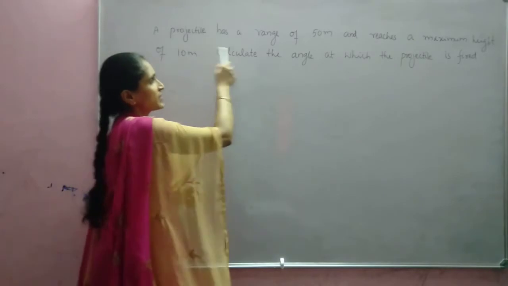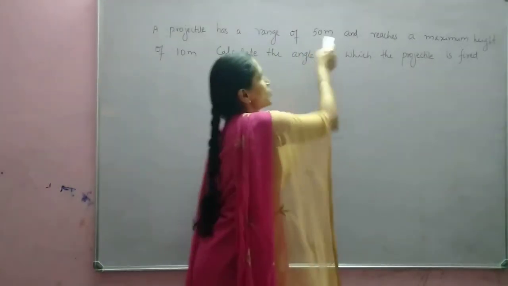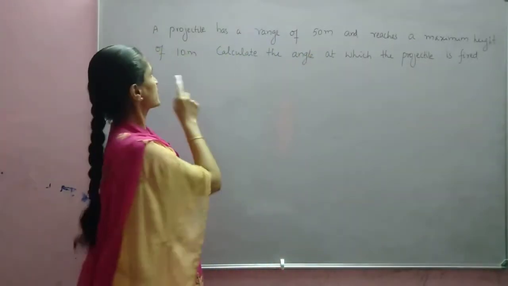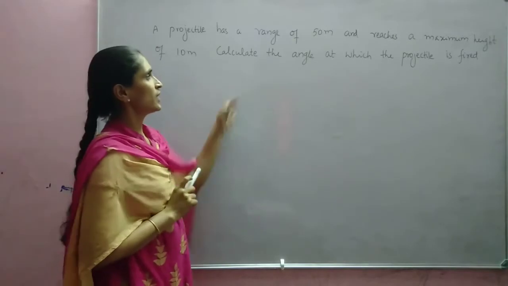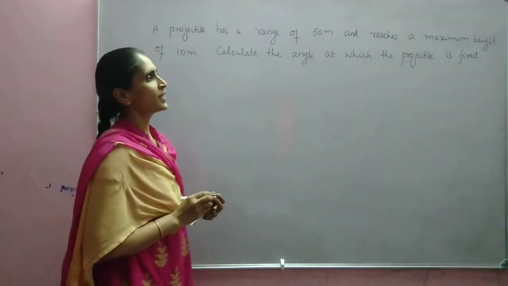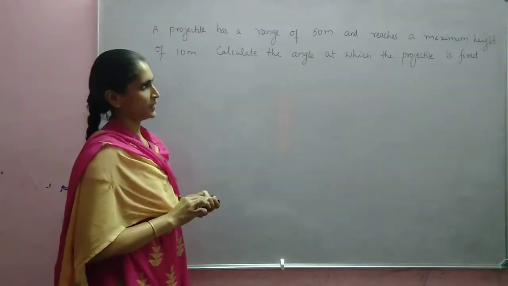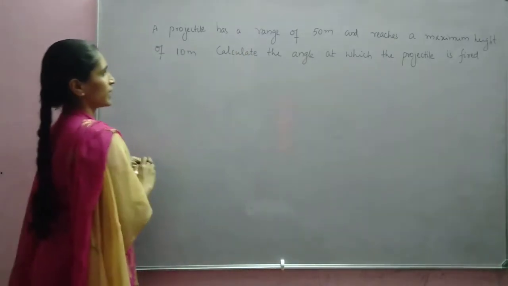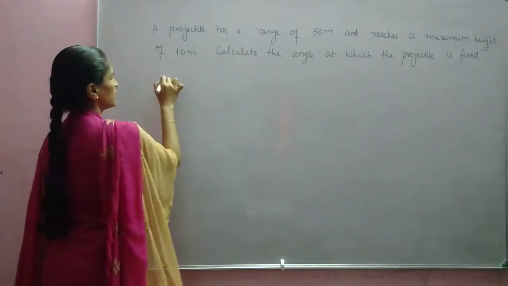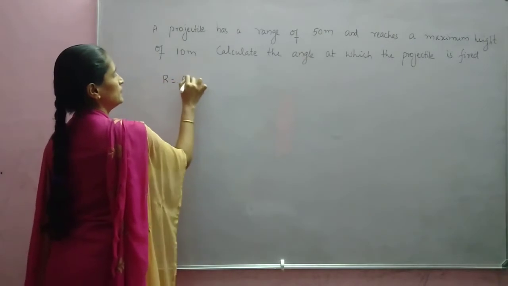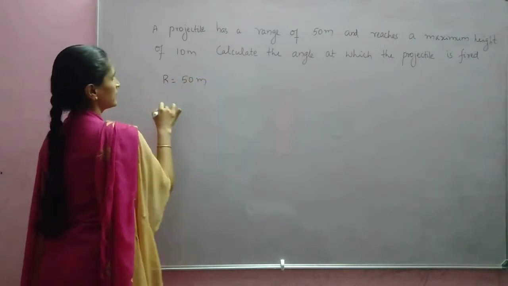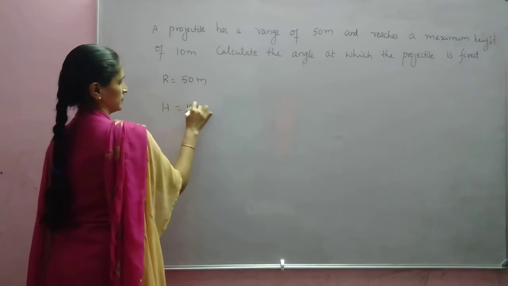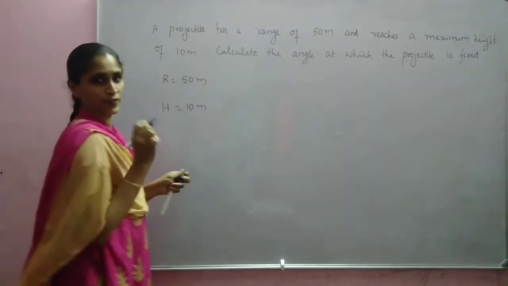So here you can see that a projectile has a range of 50 meter and reaches a maximum height of 10 meter. Calculate the angle at which the projectile is projected. You know the formula of range. First of all, you can write range is equal to 50 meter and height is equal to 10 meter. What is the formula to find range?